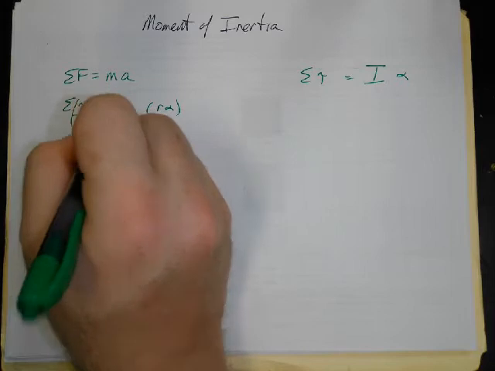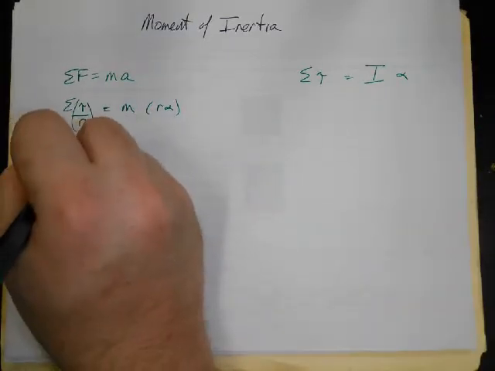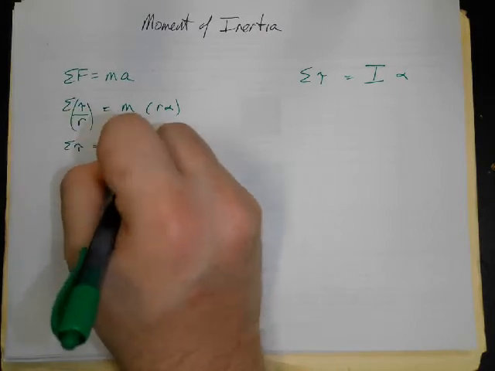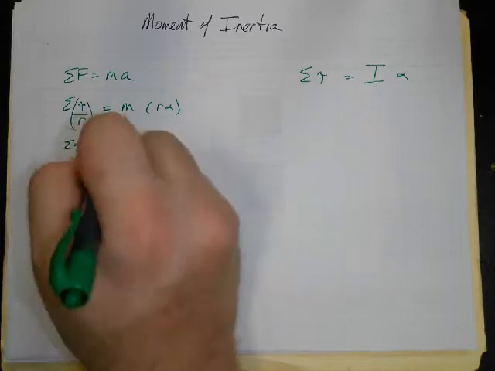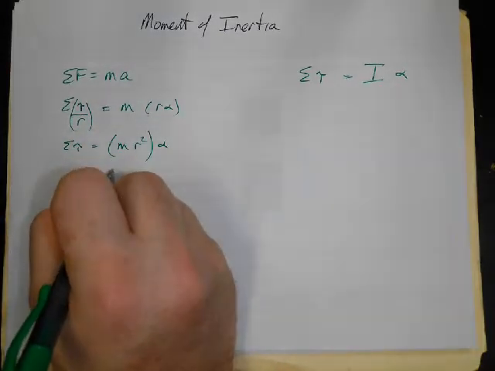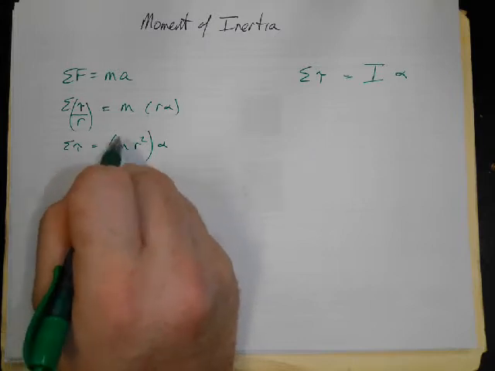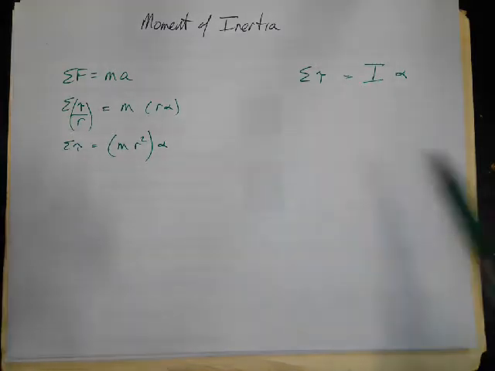So we can rearrange this: the sum of the torque looks like the mass times the radius squared times the angular acceleration.